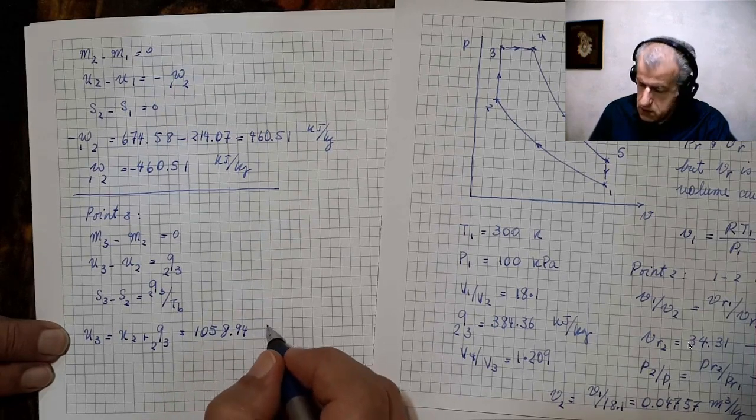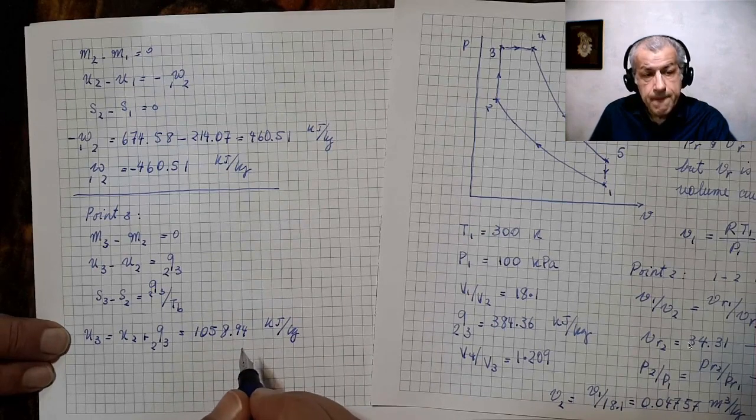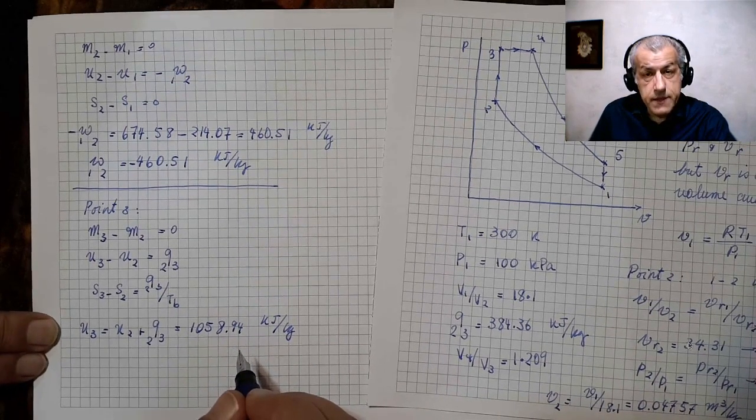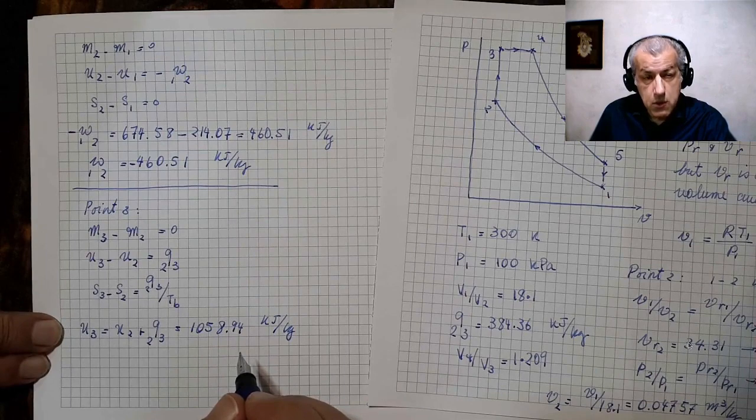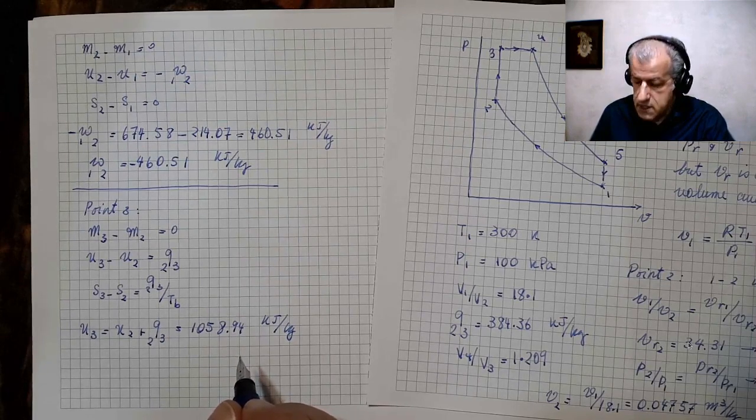1058.94 kilojoule per kilogram. And once we know this value, this is one of the values in that table, and so it would give us a lot more values in the table.